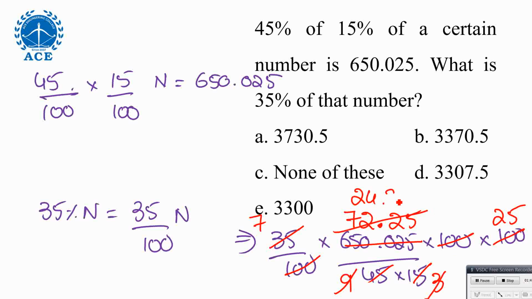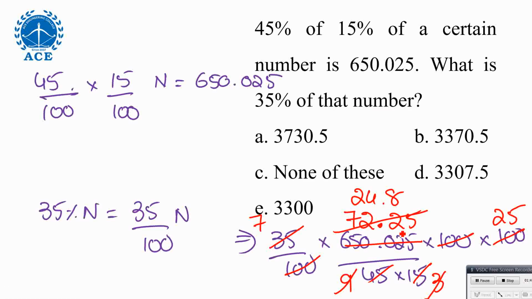So 175 into 24.8. This should be more like 24.833, but I'm taking 24.8 there. Sir, this is taking time to calculate.